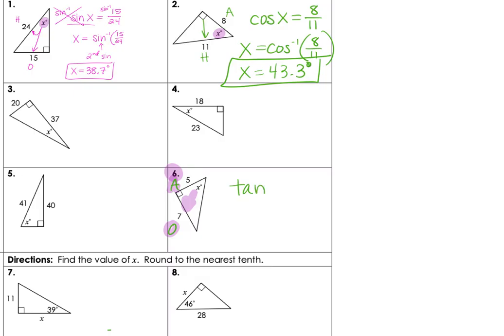So the tangent of the angle is opposite over adjacent, which means if I'm getting X by itself, it's because I took the inverse of tangent to get the tangent out of there, right? So take the inverse tan of 7 over 5, plug that in, you get, what was it? I don't have it written down. 54.5 degrees.